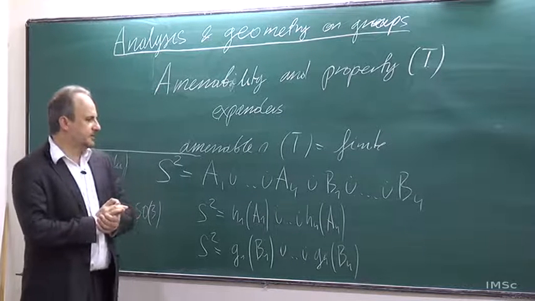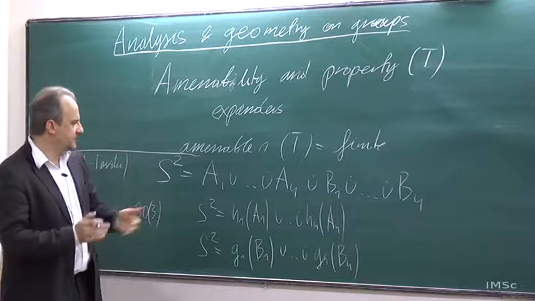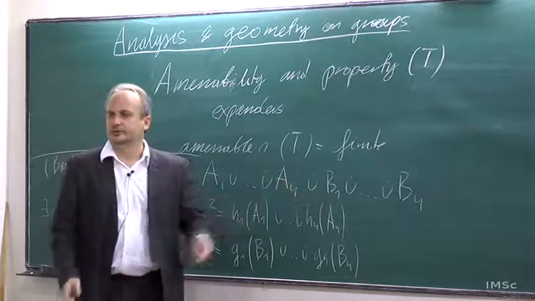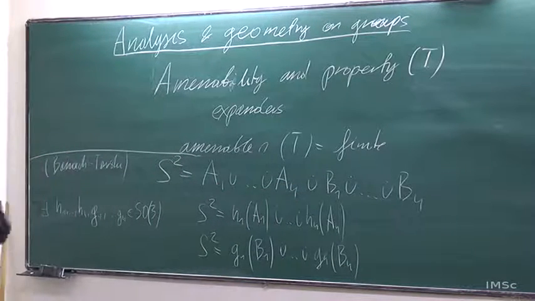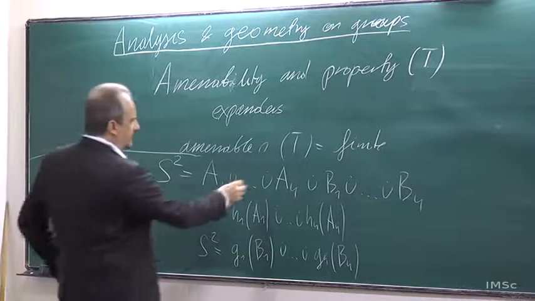and of course the subsets are not measurable. Okay. Yes, all these are disjoint. And is it the standard notation?